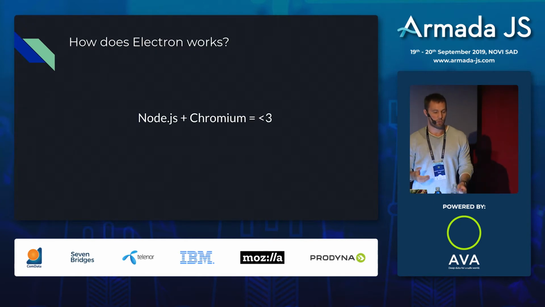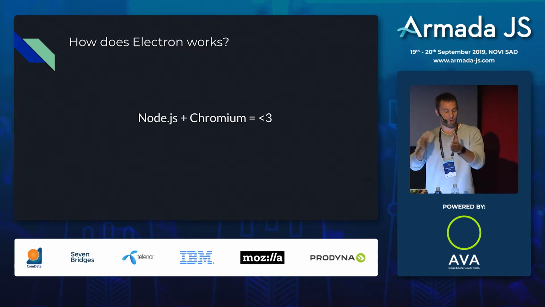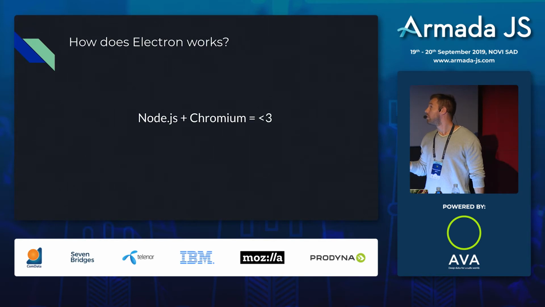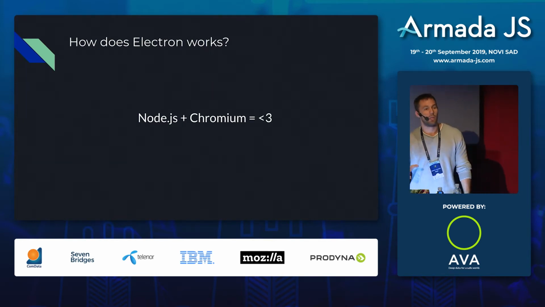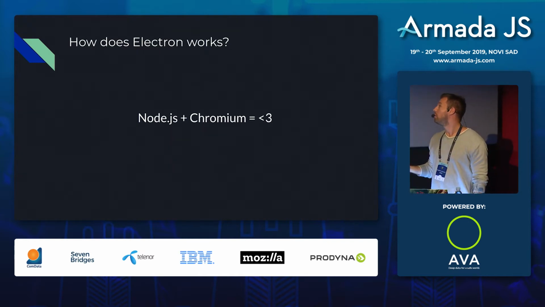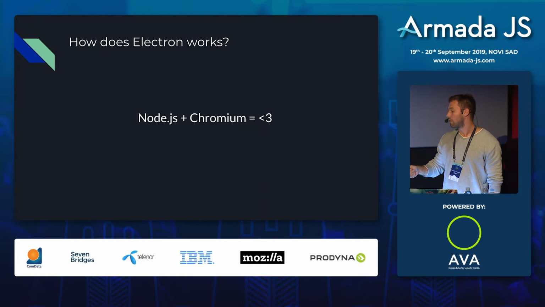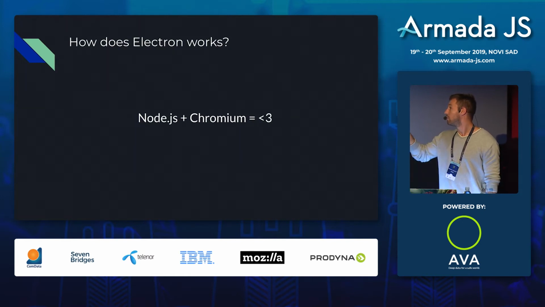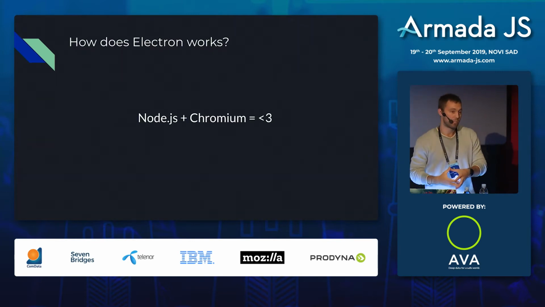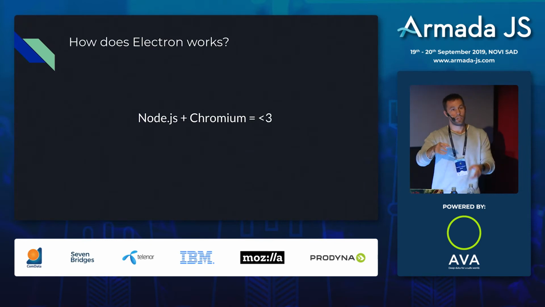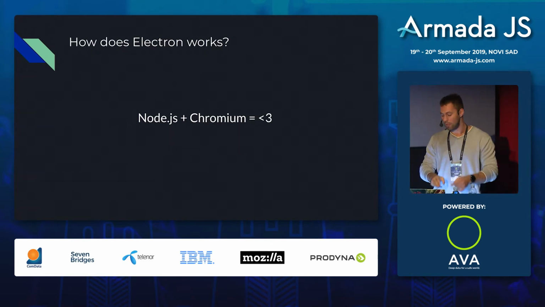Node.js is in charge of spawning the desktop app process, while the Chromium rendering engine is in charge of actually painting what you build in your web app. So when you combine those two, you start a process, you get the application window, and then Chromium uses its superpowers to render your web application into a desktop app view.